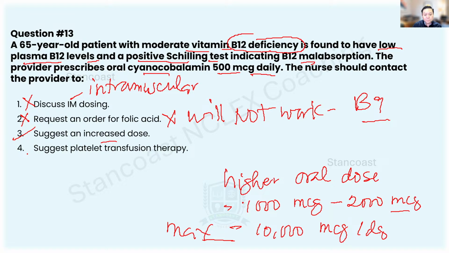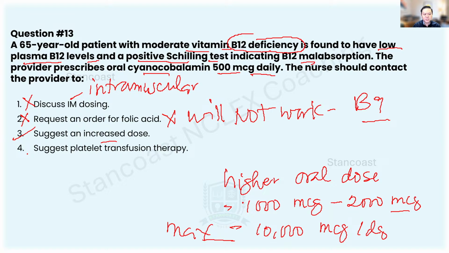But like I said, it's just not about intramuscular route or let's say subcutaneous. There is another option for that. We can increase the dose of the oral medication up to a maximum of 10,000, and this will suffice to replenish the body of the vitamin B12.